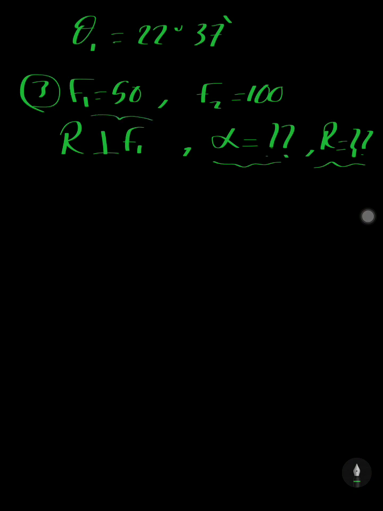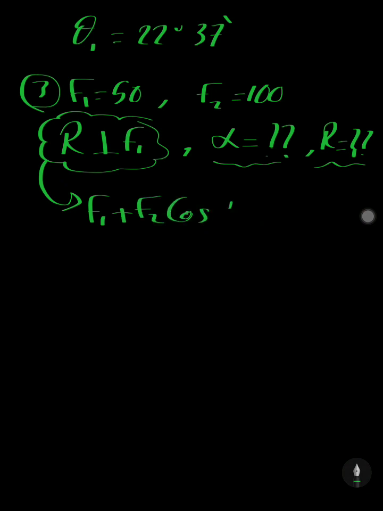What about if the resultant is perpendicular to F1? If the resultant is perpendicular to F1, then F1 plus F2 cosine alpha equals 0. Revise the rule again. From this rule we can find alpha. Substitute F1 by 50 and F2 by 100.